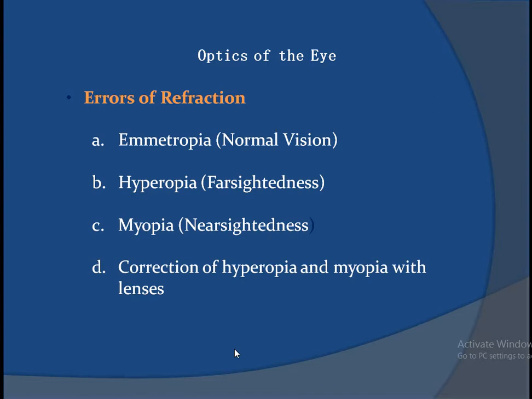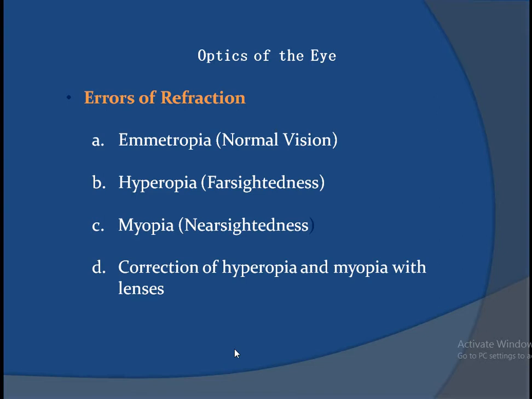With this introduction to the normal refraction of the eye, now we come to some of the errors of refraction. Emmetropia, that is the normal vision. Hyperopia, the other name of which is farsightedness.